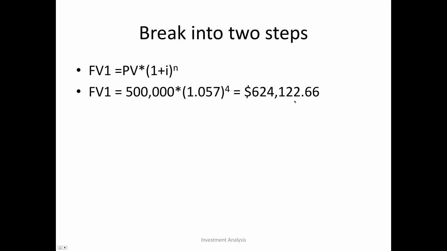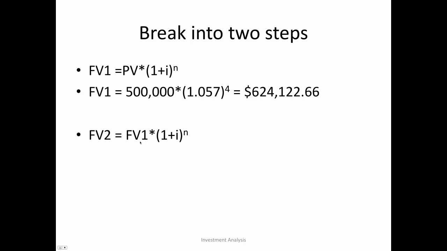The portfolio manager could then reinvest it at a higher interest rate but for a shorter time period. So what we'd want to figure out is, what's that going to be worth? In the second stage, the way to think about it is that this future value at the end of the first step becomes the present value in the calculation for the future value at the end of the second step. Here I've rewritten the future value equation: the future value at the end of the second step is simply equal to the future value at the end of the first step times the appropriate compound factor.